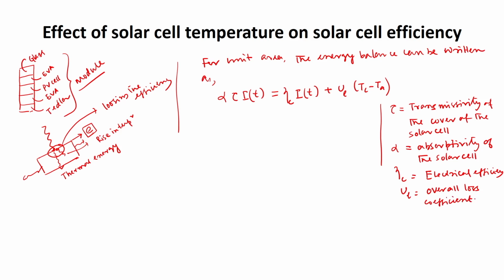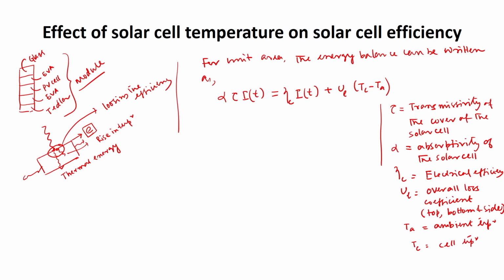So, it may be side and bottom, or maybe top, then bottom, and sometimes side as well. And T a is the ambient temperature, and T c is the cell temperature.